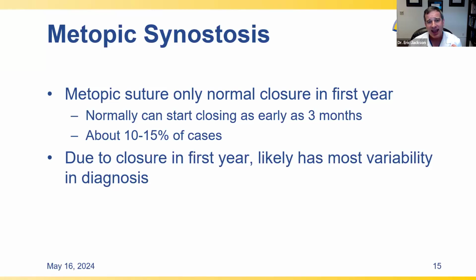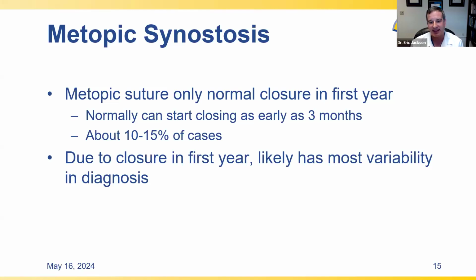And so a normal non-synostotic metopic suture can close as early as 3 months of age. And metopic synostosis is about 10 to 15% of cases of single suture. But because it can close early, we still have all that head growth. And so there is going to be a period of head growth where it's not growing across the forehead.